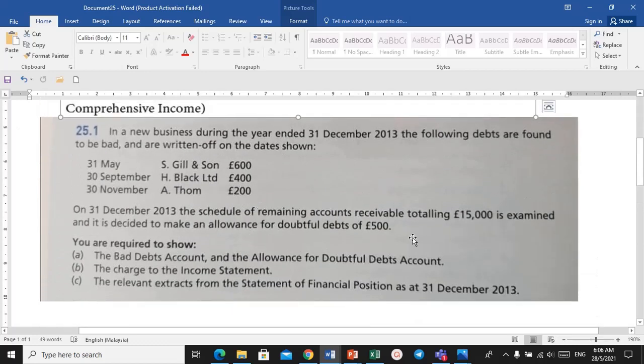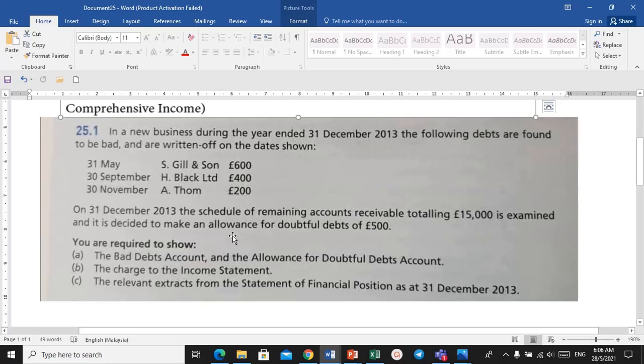And then in the following sentence of the question, it said that on 31st December 2013, the schedule of remaining accounts receivable totaling £15,000 is examined, and it is decided to make an allowance for doubtful debts of £500. Okay, so this mentions the balance of debtors, the balance of accounts receivable that this company still has in its business, and the amount was 15,000.